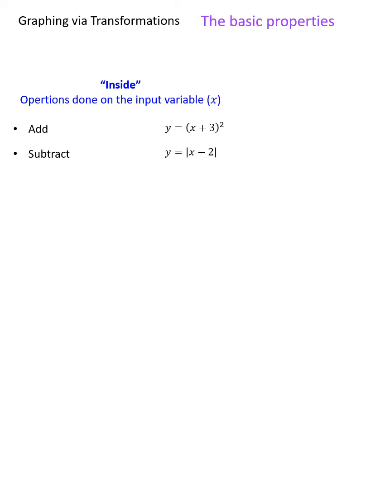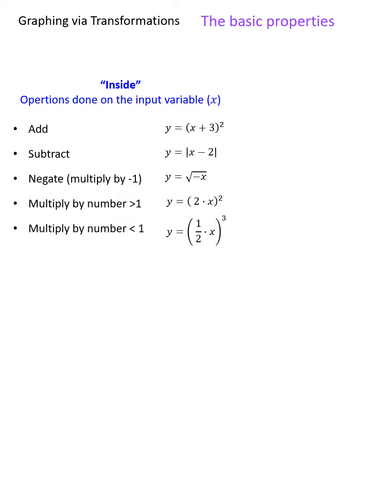If you subtract, such as in this example, you shift right. When you negate, such as in this example that we saw, you reflect across the y-axis, in other words, you reflect horizontally. When you multiply the inside by a number bigger than 1 or less than 1, you will either compress or expand horizontally on that function.